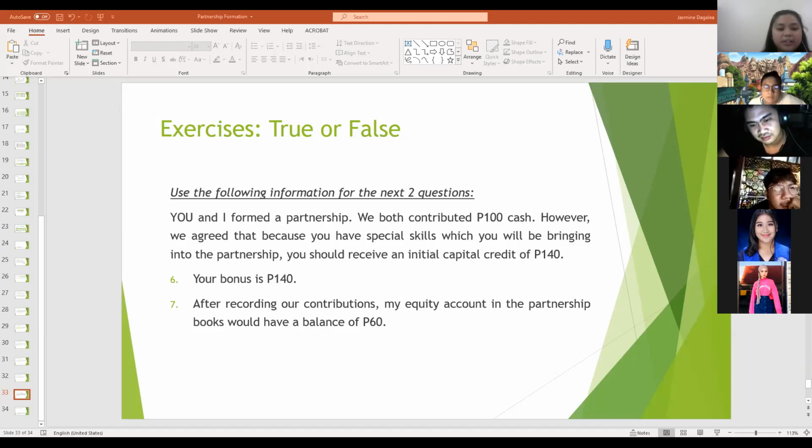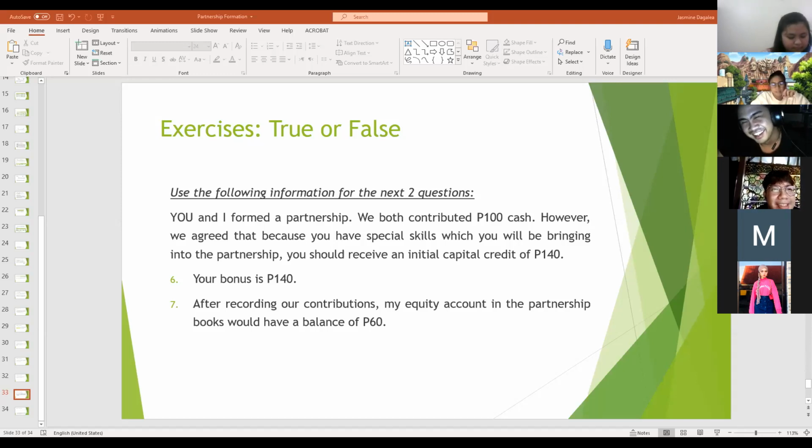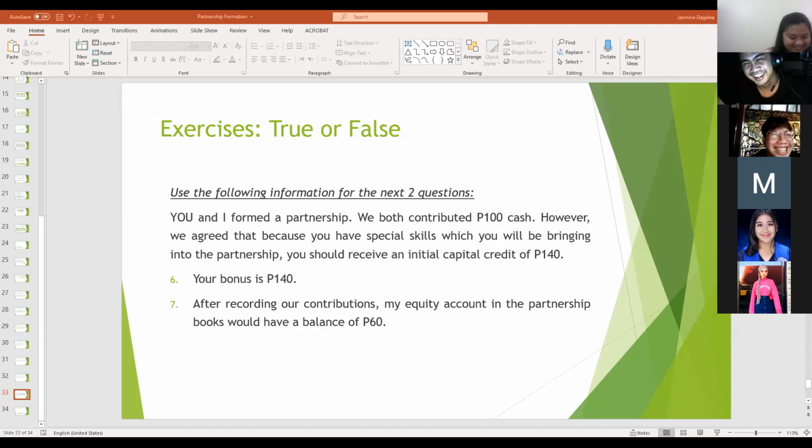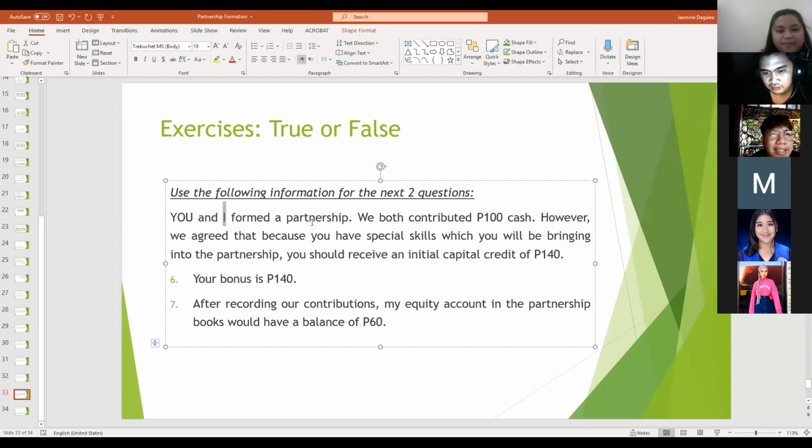Number 7, after recording our contributions, my equity account in the partnership books would have a balance of 60 pesos. Wait, ma'am, sino si my? Si you or si I? My is I. So, ito si I. True, ma'am.